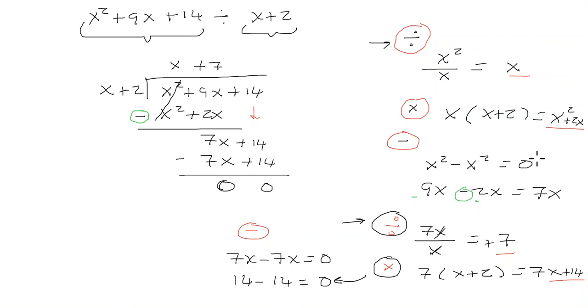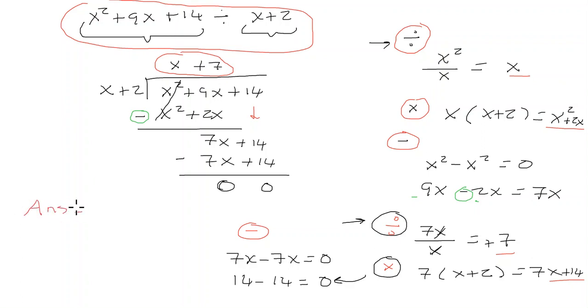So your answer, when you divide these two expressions by each other, is x plus 7. That's how you work out those questions.